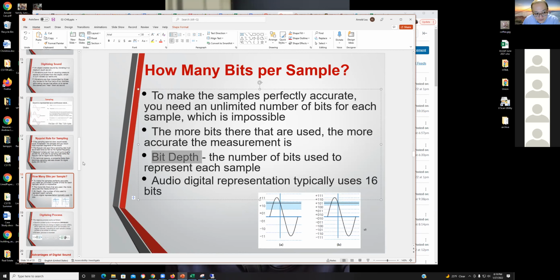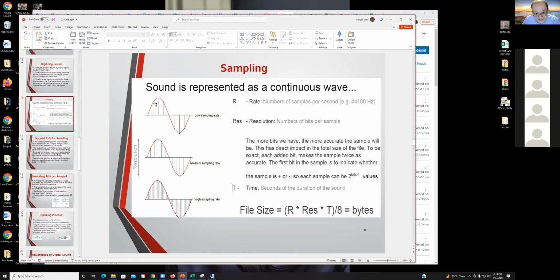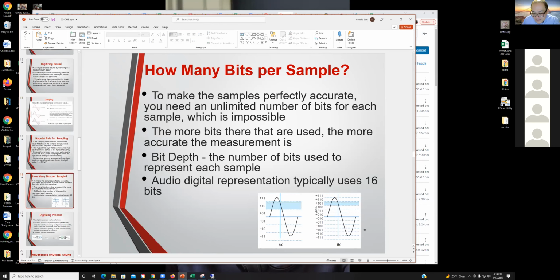Before it was going vertical, right? And to recreate each of the points relative to this axis here, going up and down, that distance, you're measuring that as part of your sample, right? The bit depth is going this way, going the other way here, right? So again, the more bit depth that you have, the more accurate that sound is, okay?